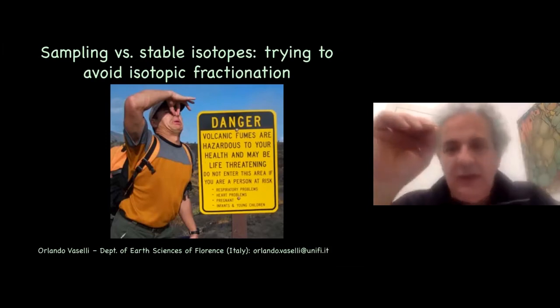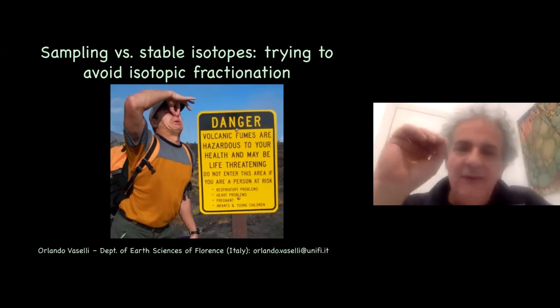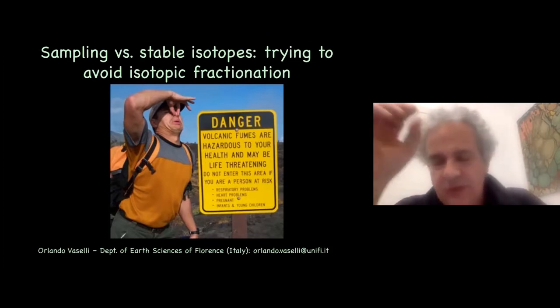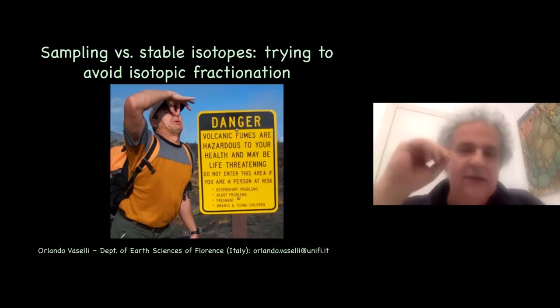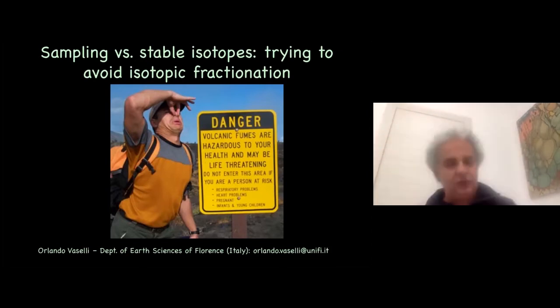What we need to do is to avoid, or minimize as much as possible, any isotopic fractionation, because as you know, stable isotopes have strong problems related to isotopic fractionation.